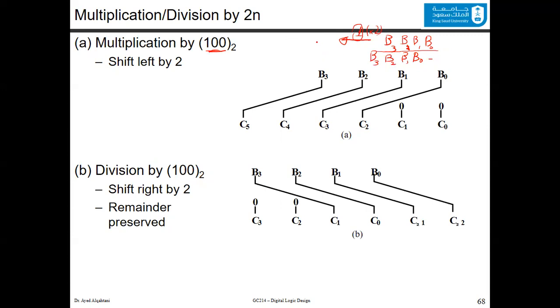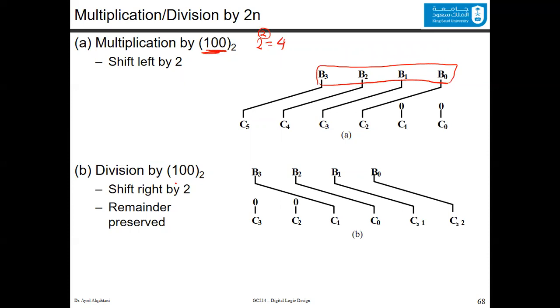So, for example, if you want to multiply the number by 4, we know that 4 is actually 2 to the power of 2, which means that you need to shift to the left by 2 positions. So you shift the b to the left by 2 positions to multiply by 4.